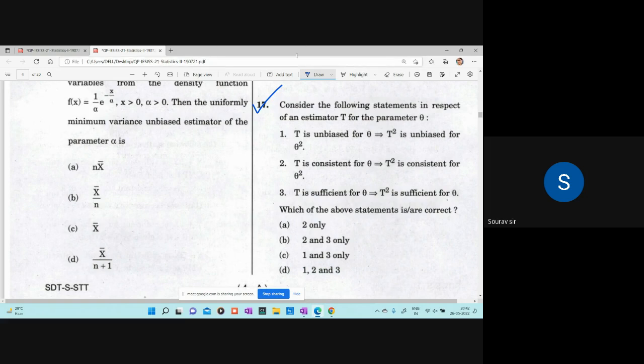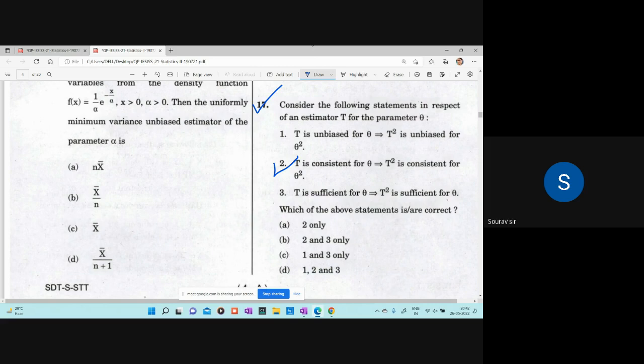By the property of consistency, we can say this one is absolutely true: if t is consistent for theta, then t square is also consistent for theta square, like the previous sum which we have done in our class.